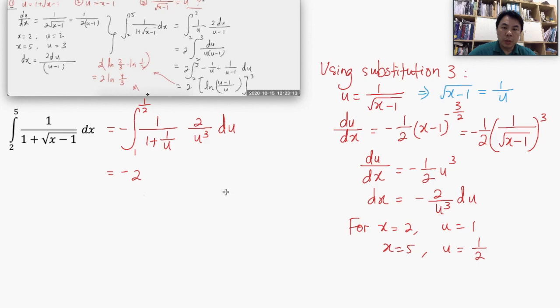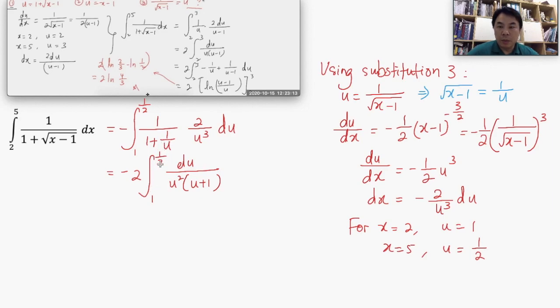And then we have a du, and then this one will be a u squared. Is it a u squared? Yes, correct. It's a u squared times u plus 1. Let me check one time if I got it correct. u squared, u cubed. Yes, correct. Integrate that from 1 to half.